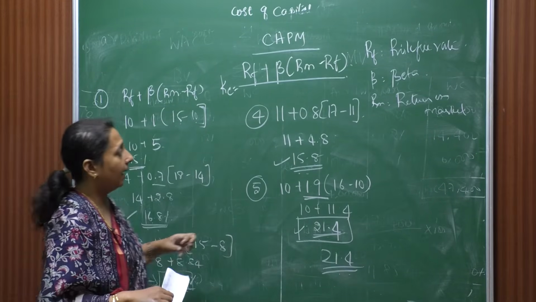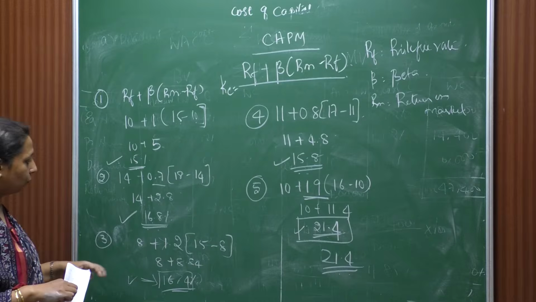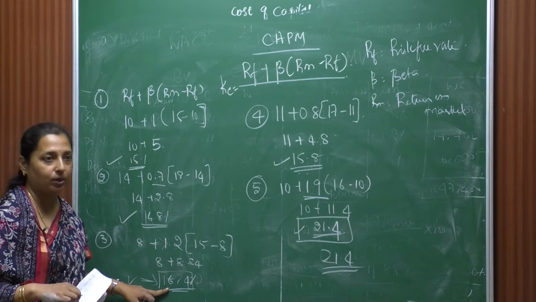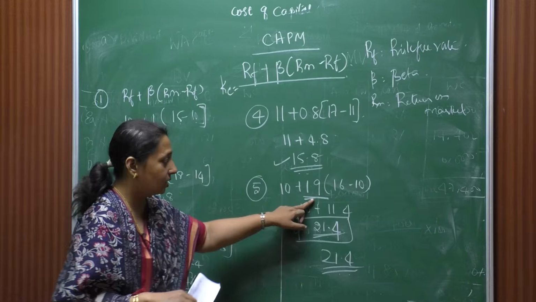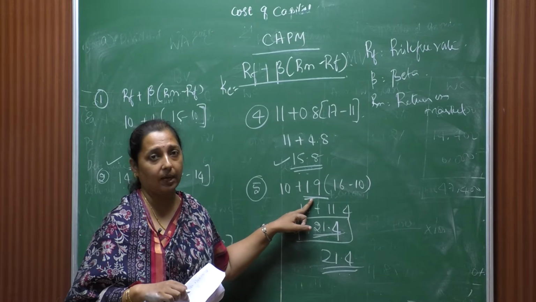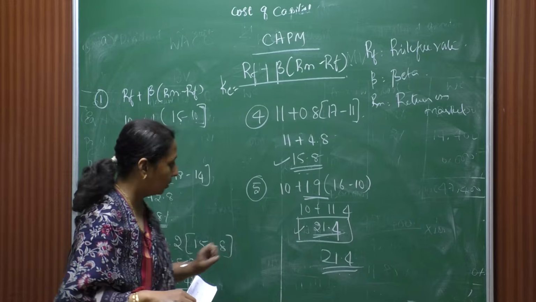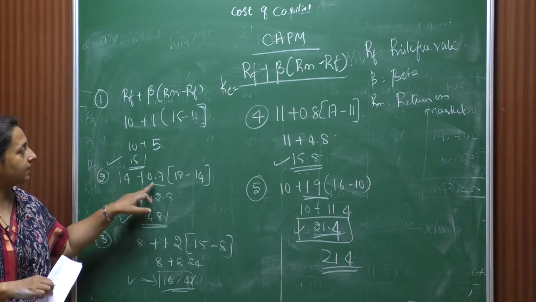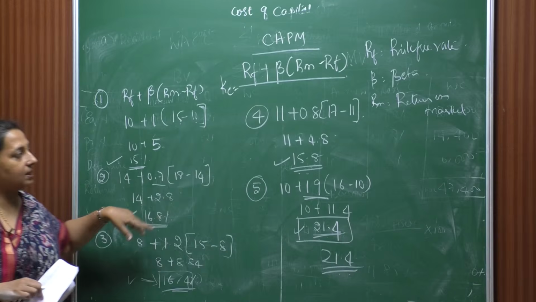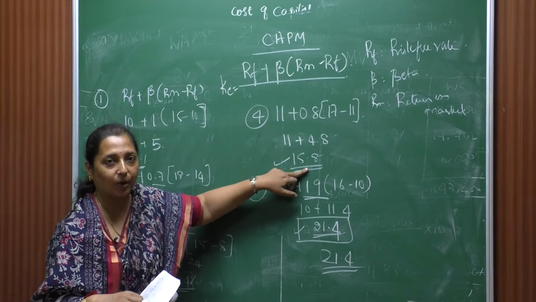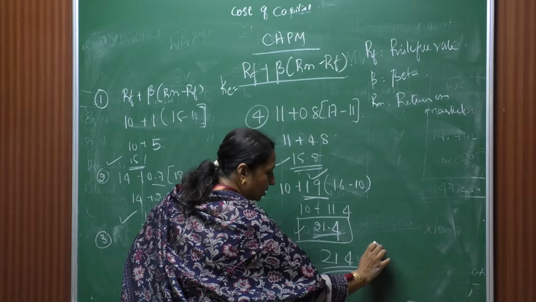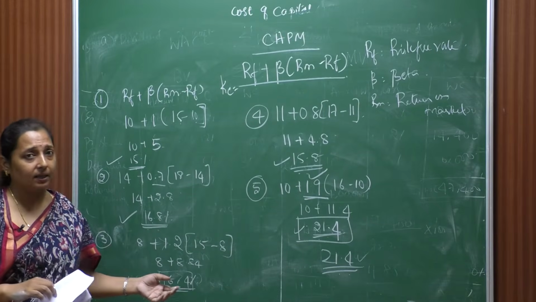In situation 3 you have a beta of 1.2, but the return is 16.4%. The highest beta is in situation 5. That is how the risk and return relationship is found out. Here, 0.7 gives the lowest return, 1 gives an average of 15%, and 0.8 gives 15.8%. Comparatively, the highest beta gives the highest return.